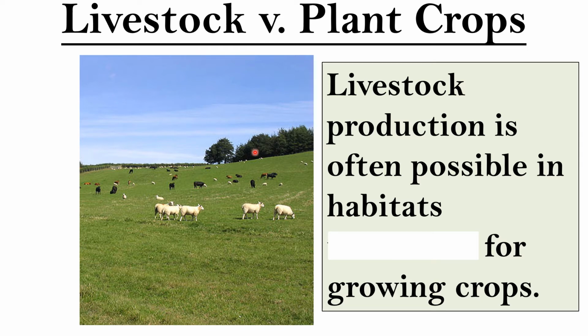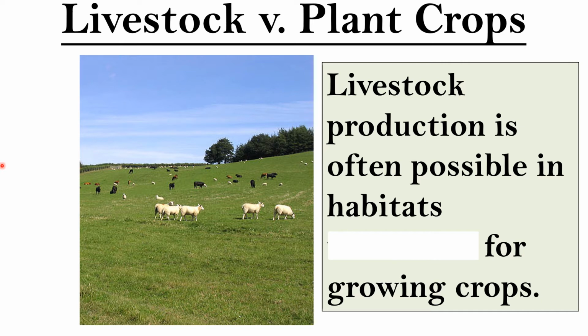On the other side of it though, livestock against plant crops, livestock production, if you're trying to plant crops, you're really relying on the ground and the soil being at an appropriate moisture level, appropriate pH and so on. You can't just plant crops and expect them to grow well regardless of where you are.